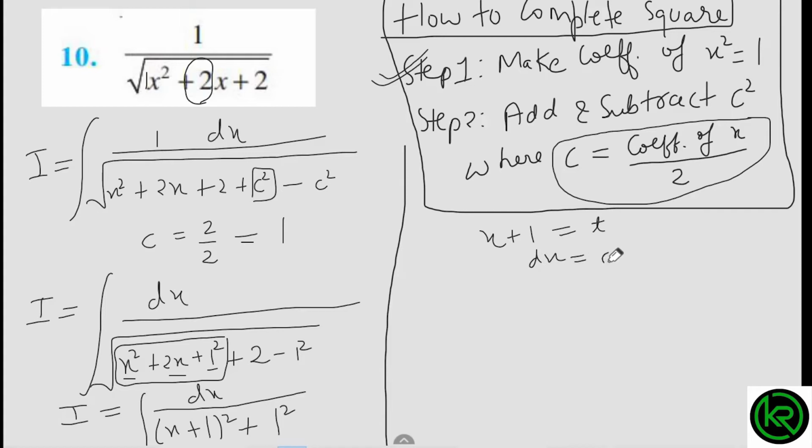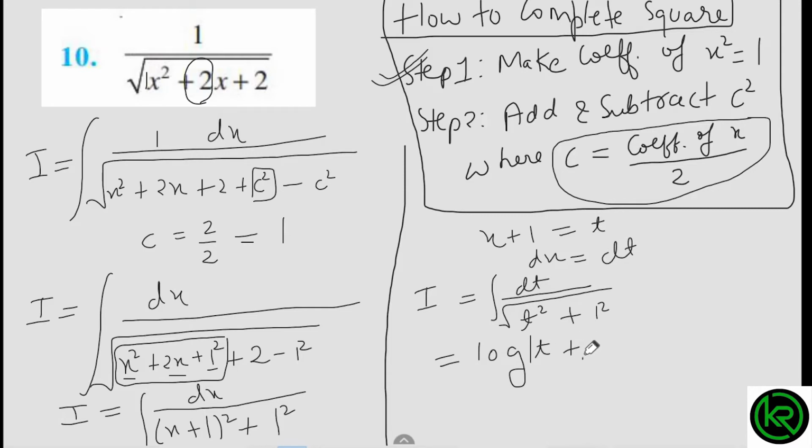Okay, now x plus 1 equals to t, you can put, so differentiating both sides you will get dx equals to dt. Okay students, so I will become now dt upon under root, this x plus 1 is t, so t square plus a square. Okay, a is 1, so the formula we will use is log t plus under root t square plus 1 square, which will be 1. So our final answer will be, we have to substitute only t value.